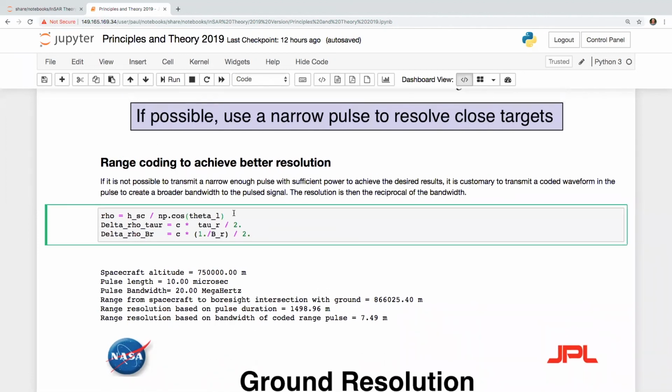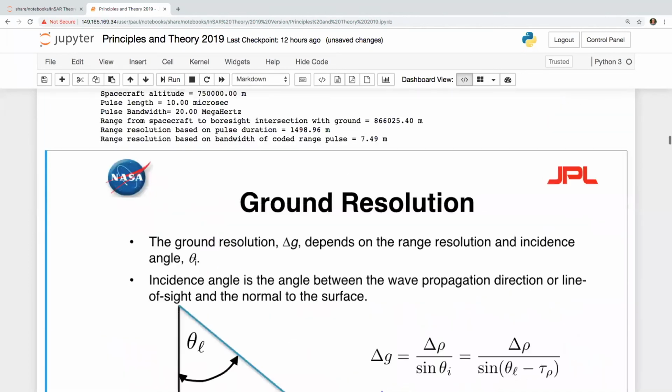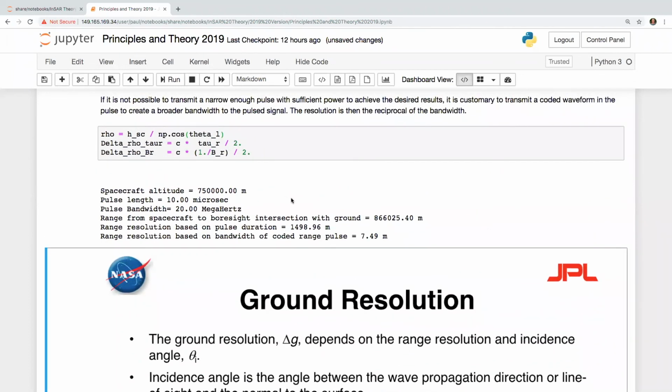So if you run this cell, you'll get some numbers that are available, and I've hidden the print statements, but if you run the next cell, it will show you the result of that, and you can change these numbers. So you can see that the range resolution based on a typical pulse duration of 20 microseconds is 1,500 meters, roughly.